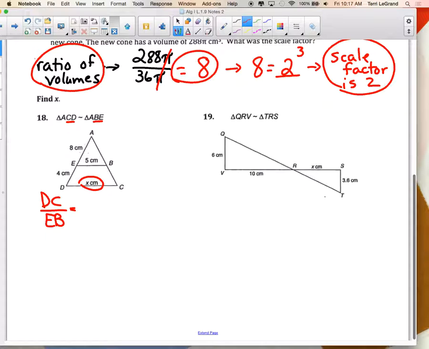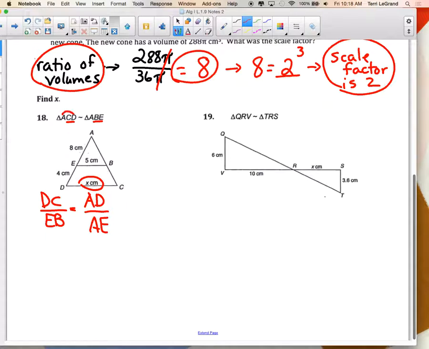Now I need something from triangle ACD. That's the big one, isn't it? Can I get AC? Do I know AC? Do I know AD? Yeah. What is AD? And then what side does AD correspond with in ABE? The smaller one, AE. Yep.